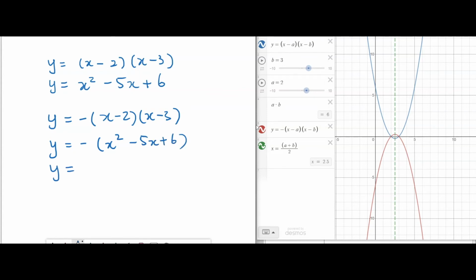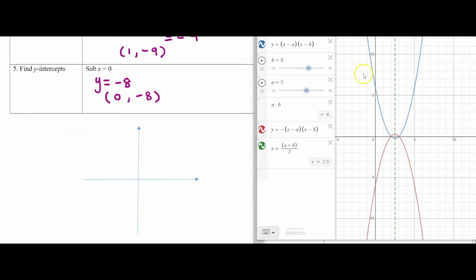Lastly, we have negative x squared plus 5x minus 6. The difference between these two is that the first one is positive x squared, the second one is negative x squared. Which means the blue graph is the positive x squared situation, whereas the red graph is the negative x squared situation.